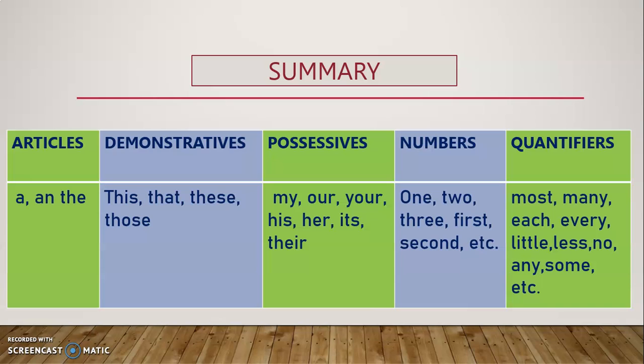I have given it in a tabular form. Articles: a and the. Demonstratives: this, that, these, those. Possessives: my, our, your, his, her, its, their. Numbers: 1, 2, in this manner it goes, first, second. Quantifiers: any words used to mention quantity.